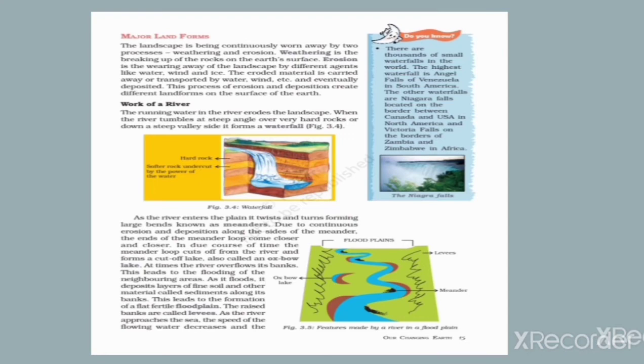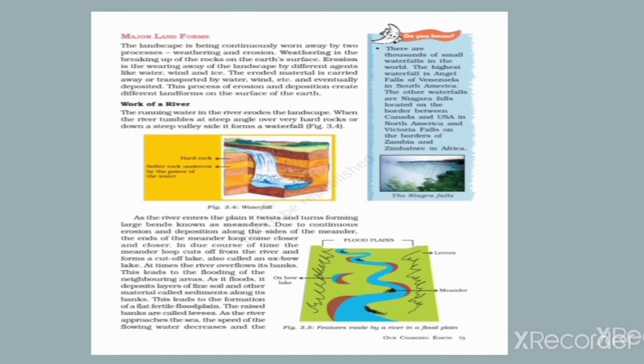Then comes erosion. Erosion is the wearing away of the landscape by different agents like water, wind and ice. Water takes away a lot of the soil and deposits it from one place to another. Wind blows away all the sand from one place to another. Ice takes away the entire soil with it.